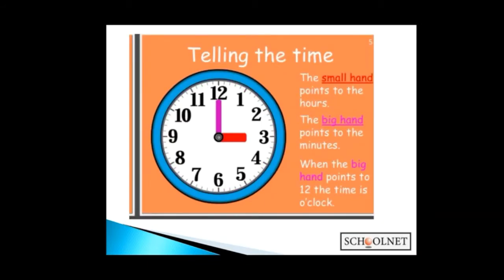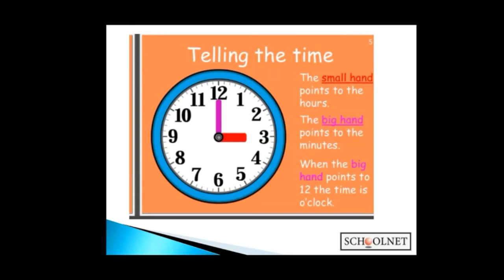If you observe the clock, you can find two hands. One of the hands is short and the other one is long. The short one is in red color and the long one is in pink color. The small hand points to the hours and the big hand points to the minutes.